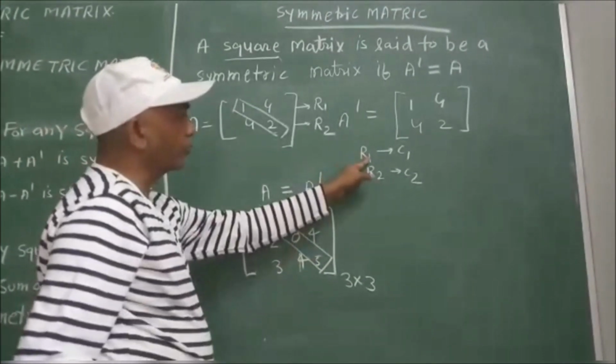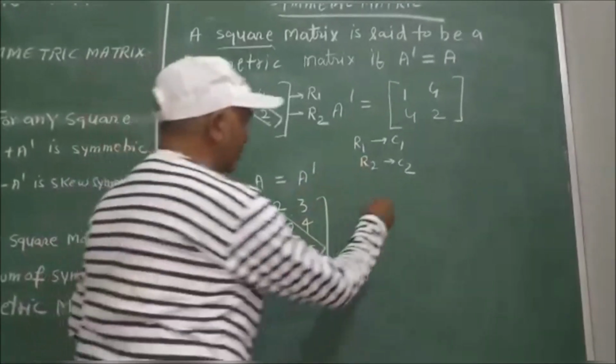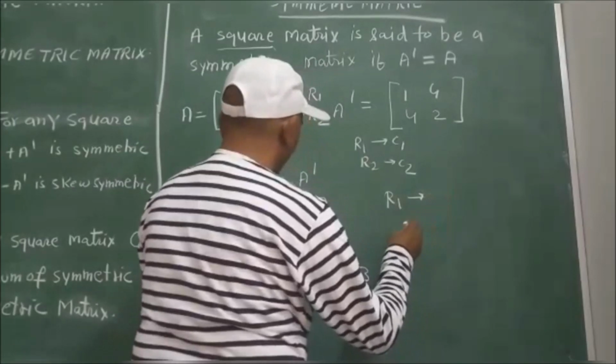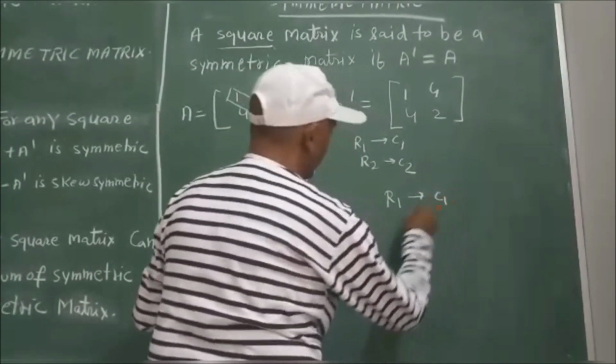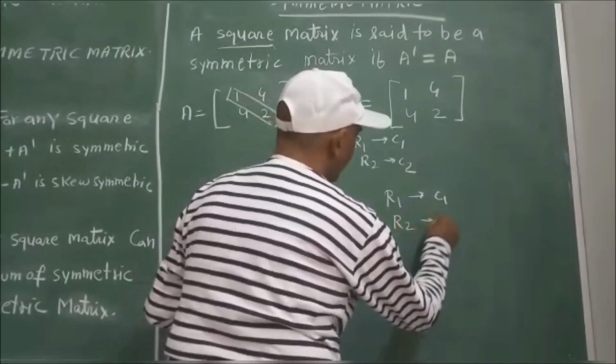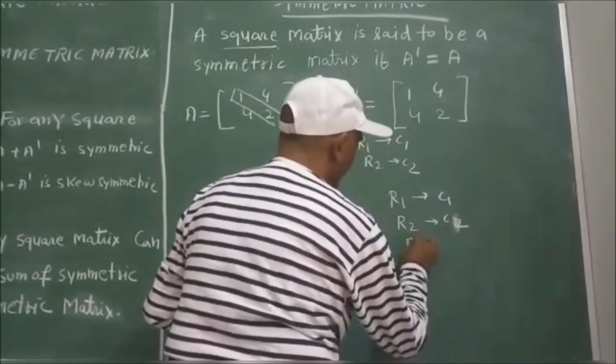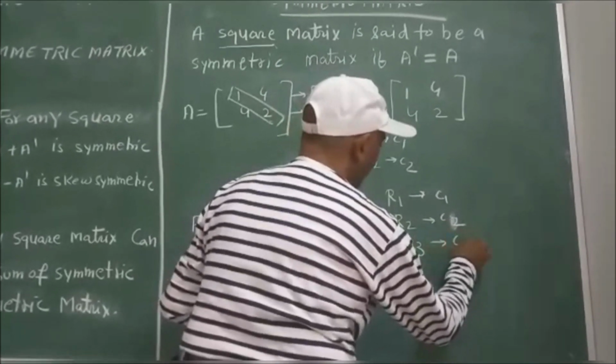Now show this representation. I have told you previously that R1 is converted into C1, R2 is converted into C2 and R3 is converted into C3. So make the change.